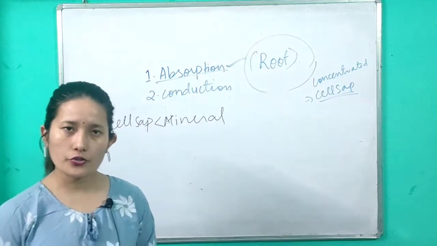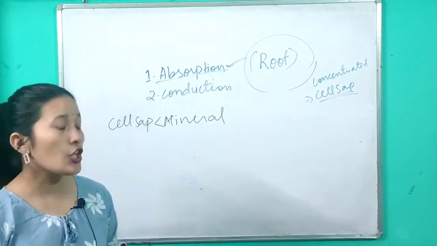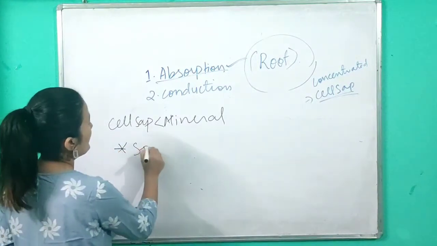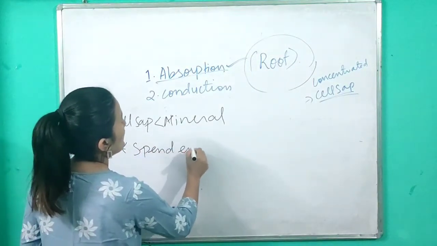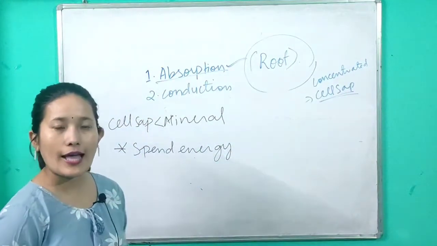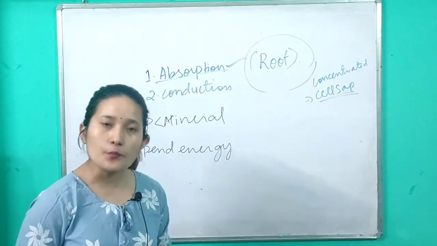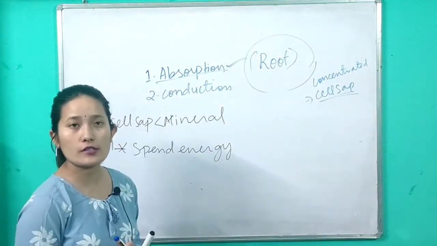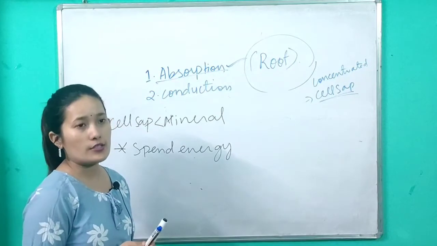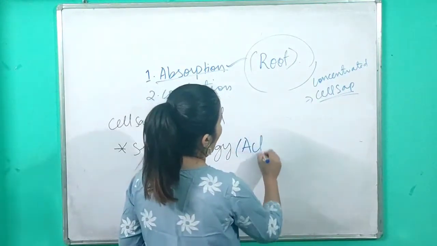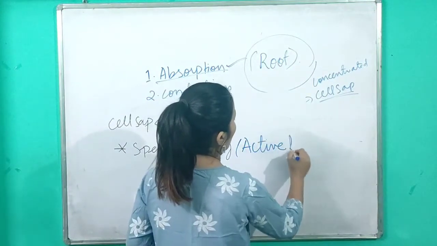No, it's not going to move. In that case, you have to utilize energy. You need to spend energy to take the minerals from a lower concentration towards a higher concentration. Wherever you spend energy to do this, that process is known as active transport.